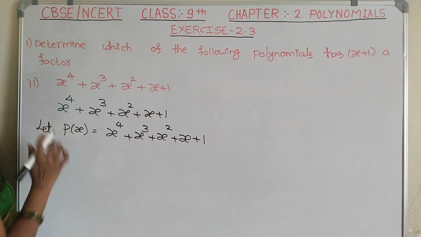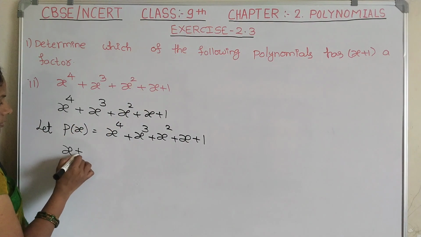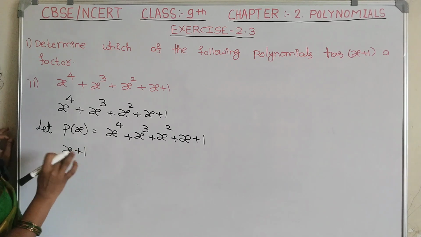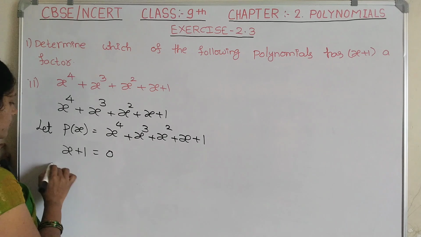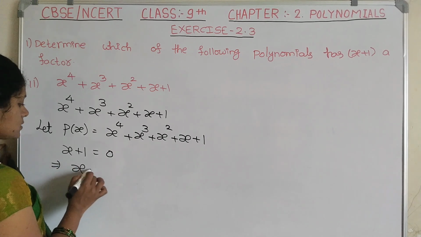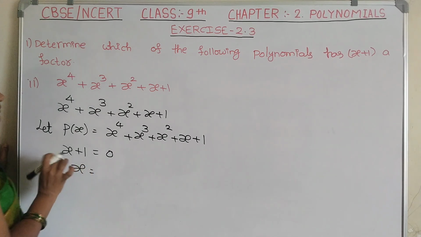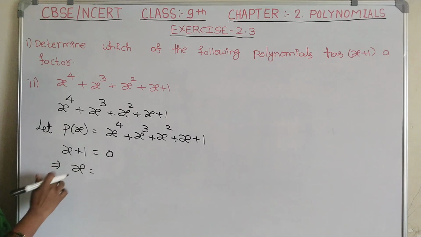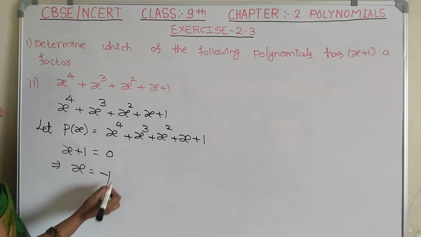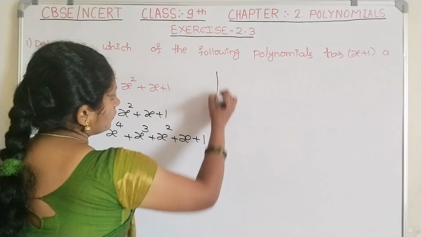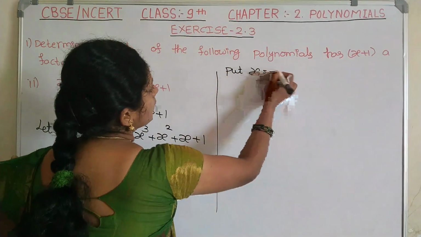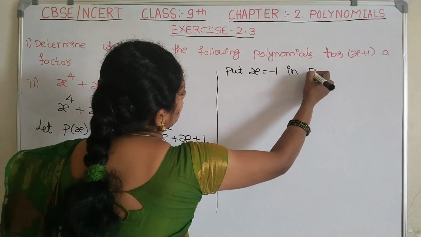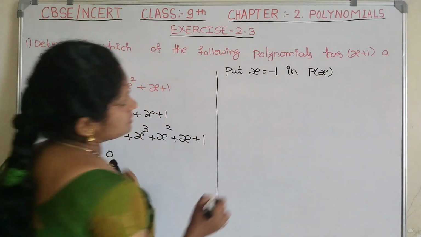Next, if this is a factor, then p of a should be 0. First, we will get the value of x by equating x plus 1 equal to 0. x is equal to minus 1. Put x equal to minus 1 in p of x.